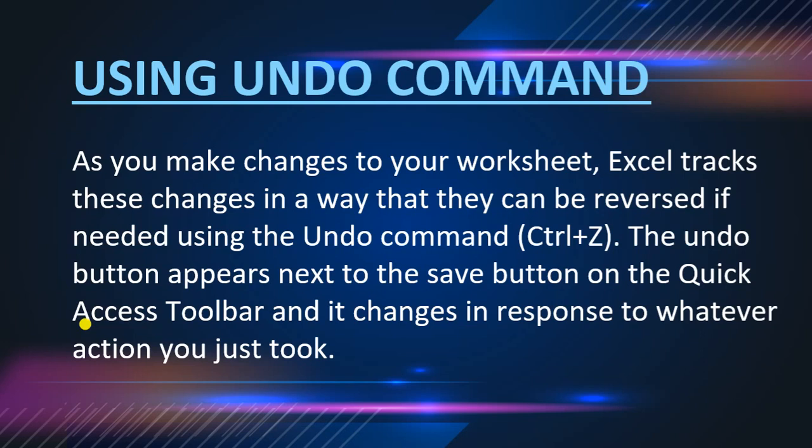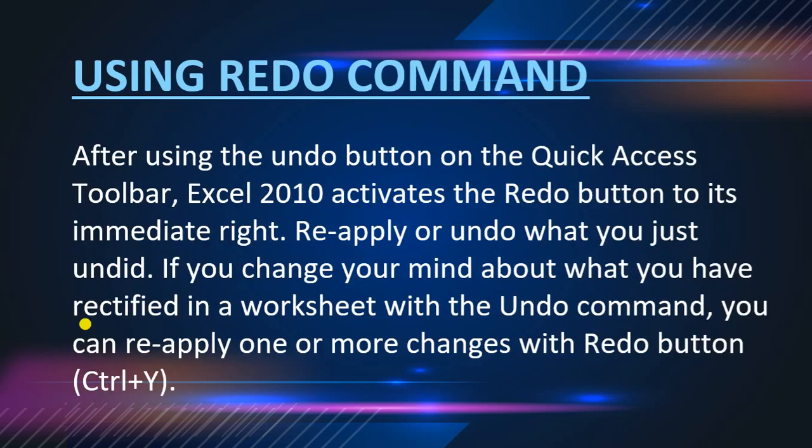The undo button appears next to the save button on the quick access toolbar, and it reverses the action you just took. After this we have the redo command, and the shortcut key for redo is Ctrl+Y. After using the undo button, if you want to activate the redo button, then you reapply what you have just undone.